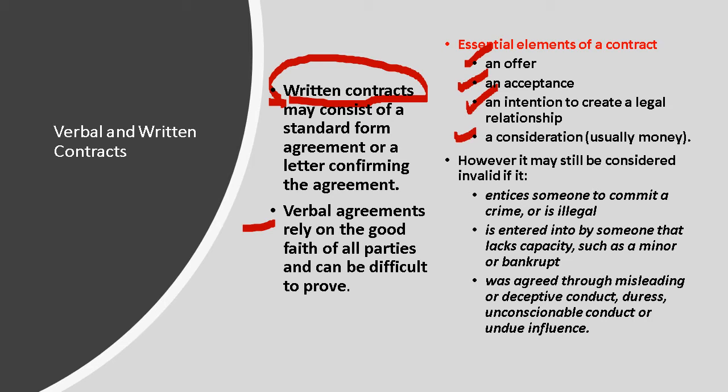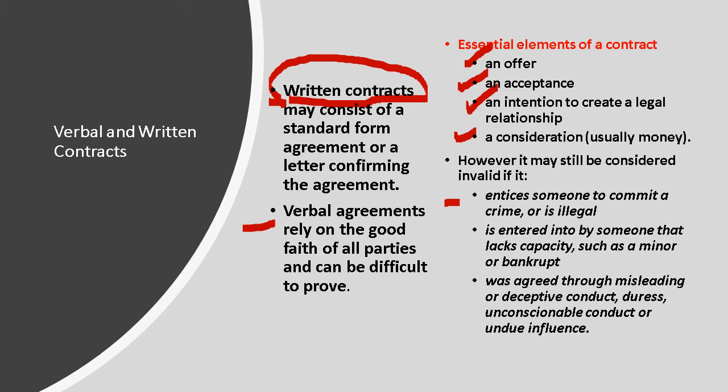However, it may still be considered invalid. Number one, if it entices someone to commit a crime or is illegal. For example, selling shabu, with a written contract between the source and the seller. That is not appropriate.